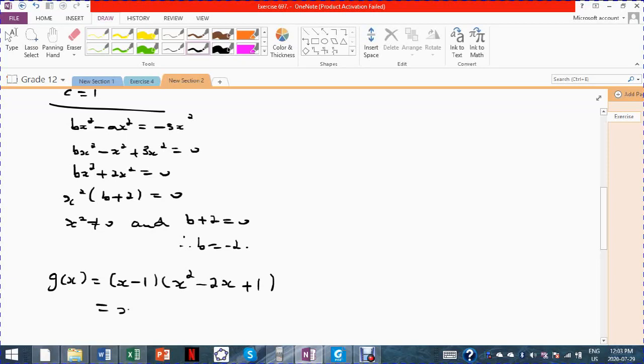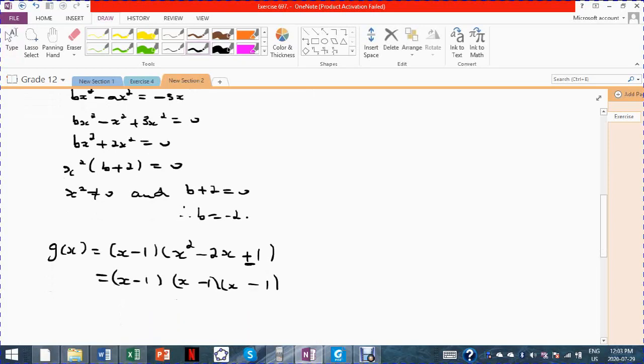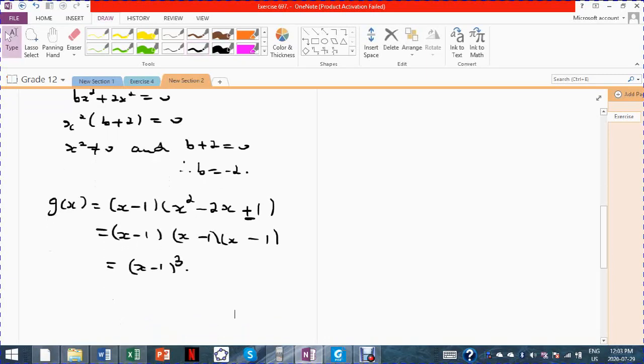And therefore we go on and factorize the parabola, open up two brackets, and we have +1 here, I have -1, -1, and then here you just have x. From there we can see that all these factors are the same. We end up with x minus 1 cubed, and you can see that you only have one x intercept.